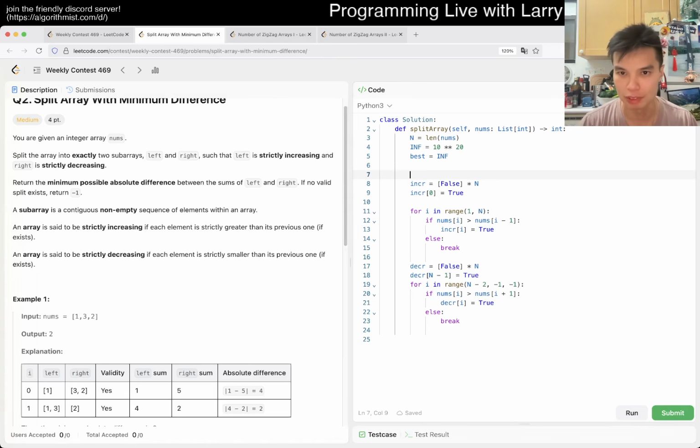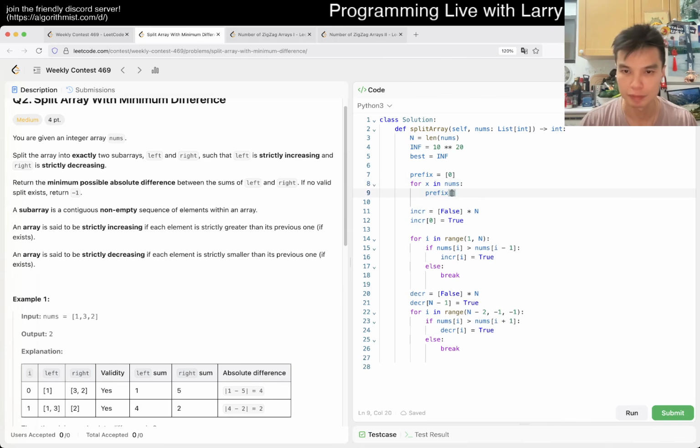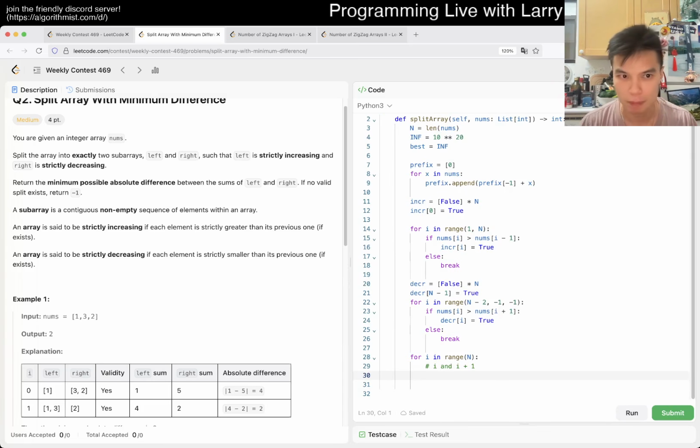So we still need... what an annoying problem. Non-empty, so then it has to be... what are we doing? Min.